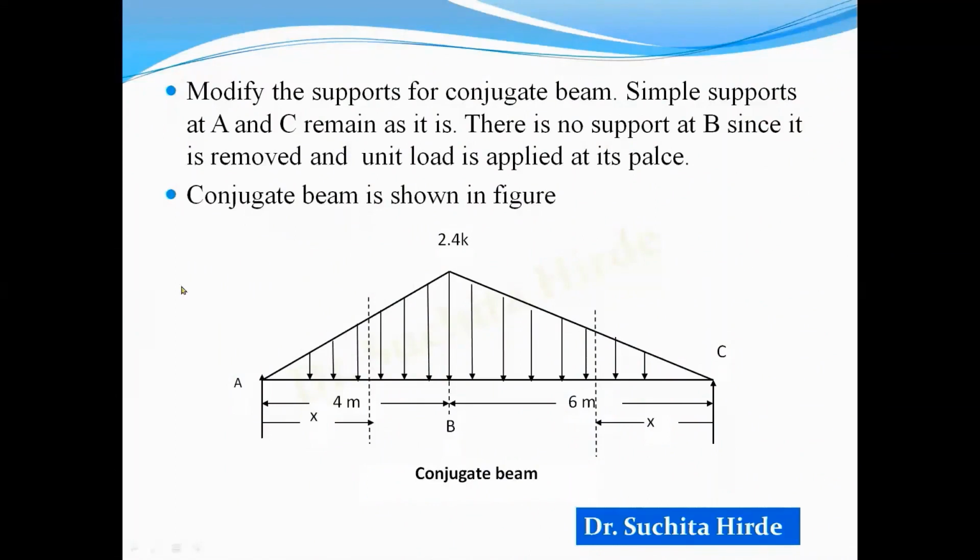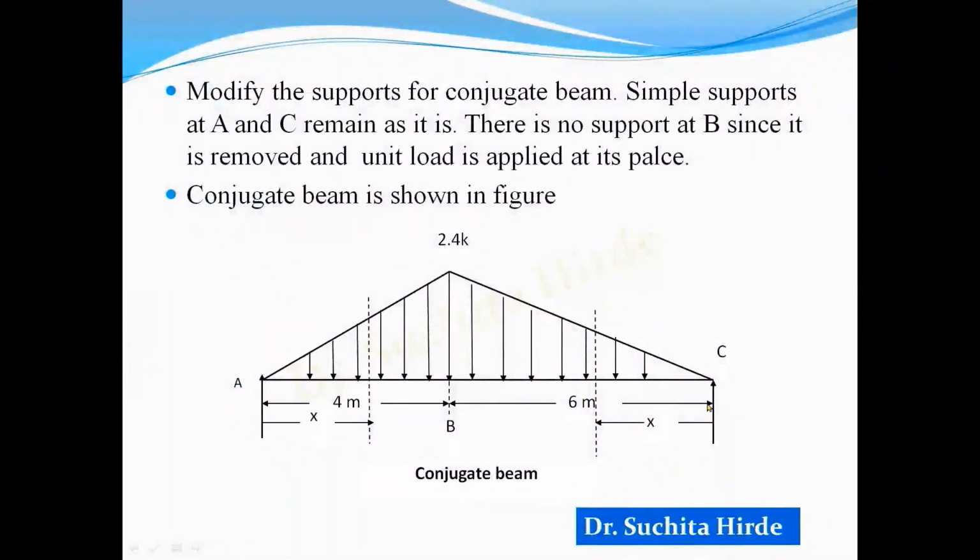Now we are interested in calculating deflections at 1 meter interval. So to calculate the deflection at 1 meter interval, we will write a general equation of bending moment in span AB, and then a general equation of bending moment in span BC.